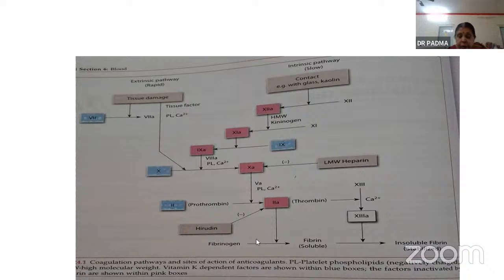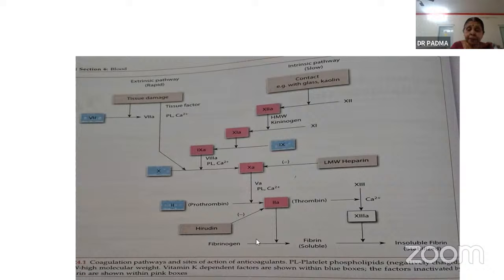So here you see all these pink boxes show the factors inactivated, and we have got all the drugs here, that is low molecular weight heparin, which we commonly use, whereas with antithrombin, factor 2 and factor 10, we have unfractionated heparin, and hirudin acts only on factor 2A, that is direct thrombin inhibitors, which are injectable ones, and the vitamin K dependent factors are 2, 7, 9, and 10. So these are the ones where we have various anticoagulant mechanisms, and we are using them very commonly in these cases.